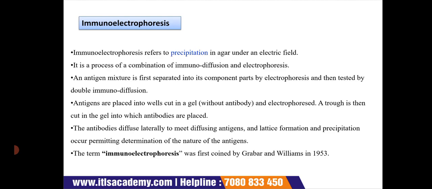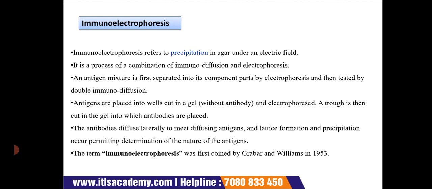It is a method of separation of charged molecules when you apply an electric field. When charged molecules are placed in an electric field, they migrate depending upon their net charge, size, shape and the applied current.